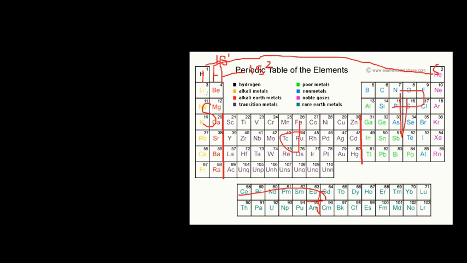Now let's pick a random element like silicon and find its electronic configuration. It would be 1s2, since it fills out the first quantum number. Let's label this 1, 2, 3, 4, 5, 6.